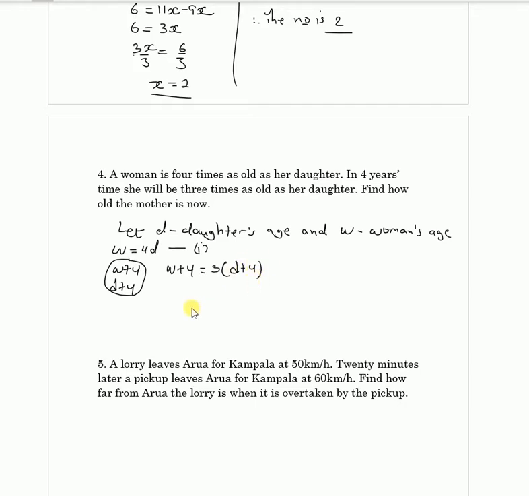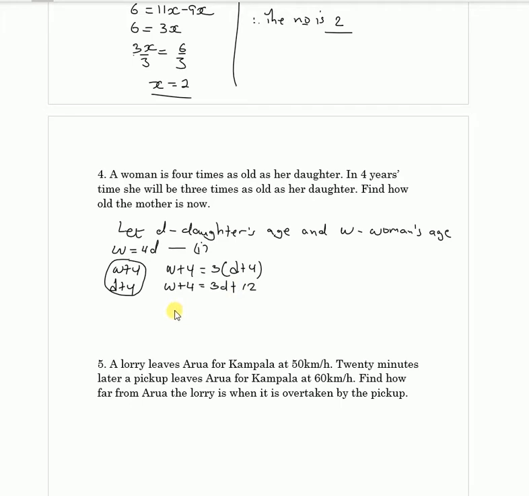Those are now the ages, the woman's age and the daughter's age after 4 years. We can open a bracket here and we have that W plus 4 is equal to 3D plus 12.